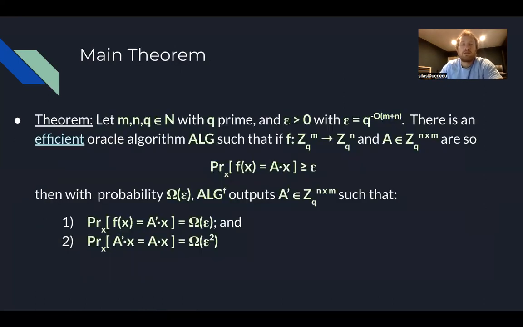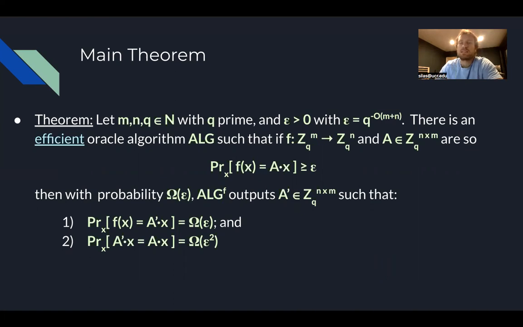Okay, so here's the formal statement of the main theorem. I'll read it. It says there's an efficient algorithm which is given oracle access to some function which takes m coordinates of input and n coordinates of output. The formal theorem is proven over a general field, Z_q.